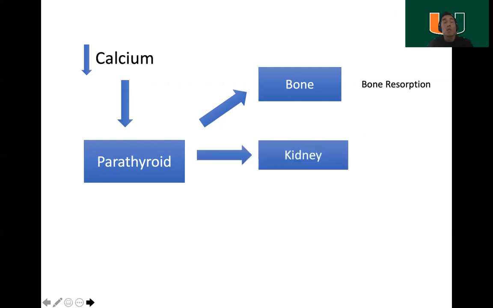Number 2 is in the kidney. It increases calcium reabsorption, and also increases the excretion of phosphorus, which is called phosphaturia.